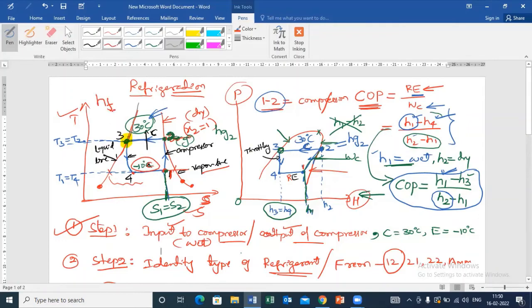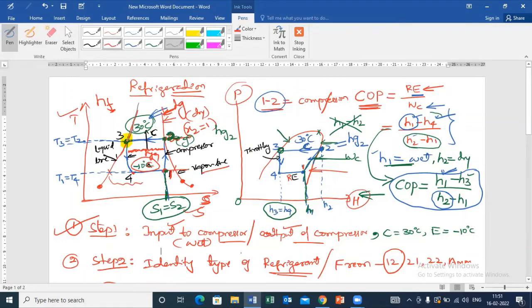HF is related to liquid. F stands for fluid or liquid. Okay, just to remember like this. HFG is in the middle between these two. And if you are writing the value of enthalpy on the vapor line, that is Hg directly.